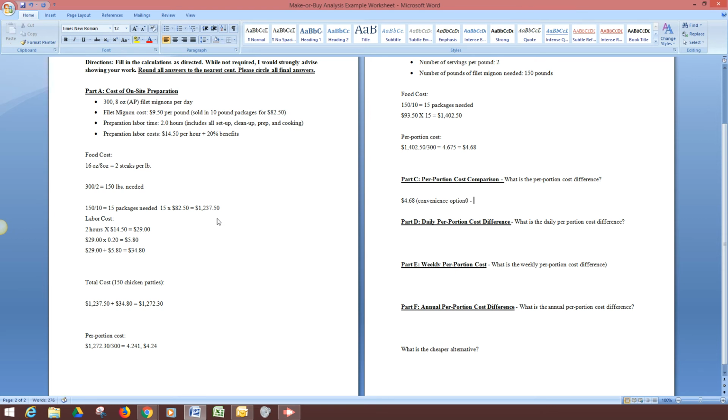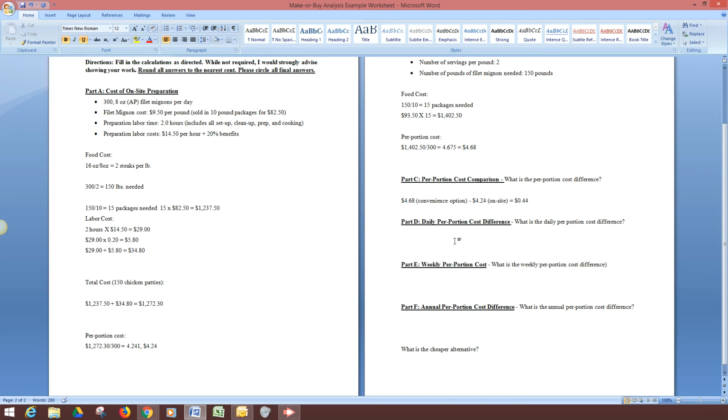And then we'll subtract $4.24 for the on-site option. So when we do that subtraction, we see that it's a 44-cent difference per portion. That might not sound like a lot, but that's going to start to add up.